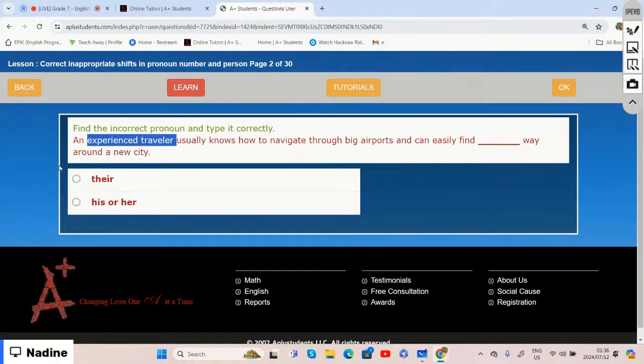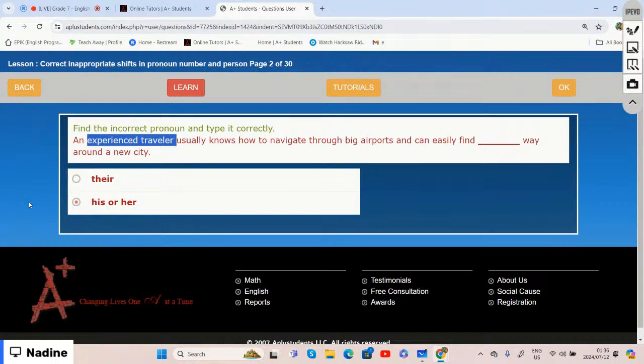All right, so if we talk about experienced traveler, it refers to one traveler, usually knows how to navigate through big airports and can easily find, we can say, his or her way around a new city.